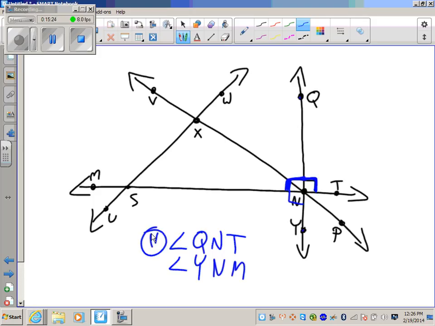So 90 plus another 90 equals 180. How am I going to label this one? Q, N, T goes this way. I'm looking for this one. M, or S.